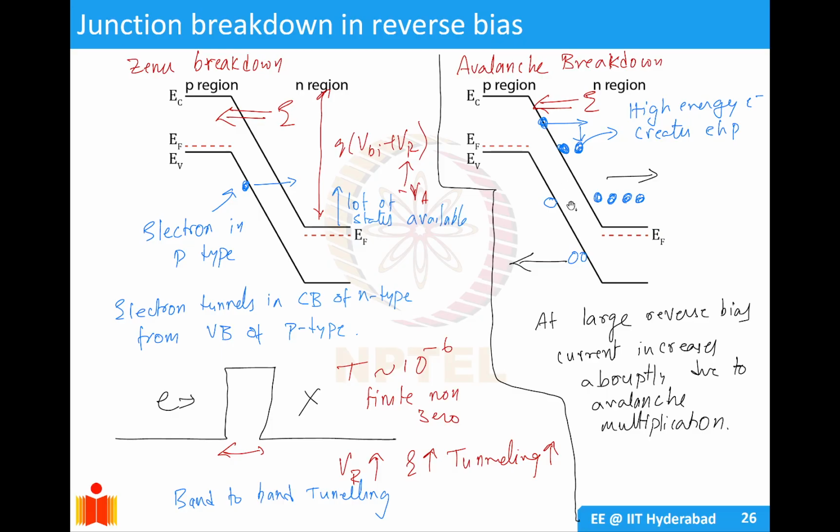This results in excess electrons on the n side and holes on the p side, and since there's already a huge reverse bias potential applied, this causes a very high number of electron hole pairs to be generated and a very high number of carriers going towards the electrodes, and hence the current in this case also increases abruptly.